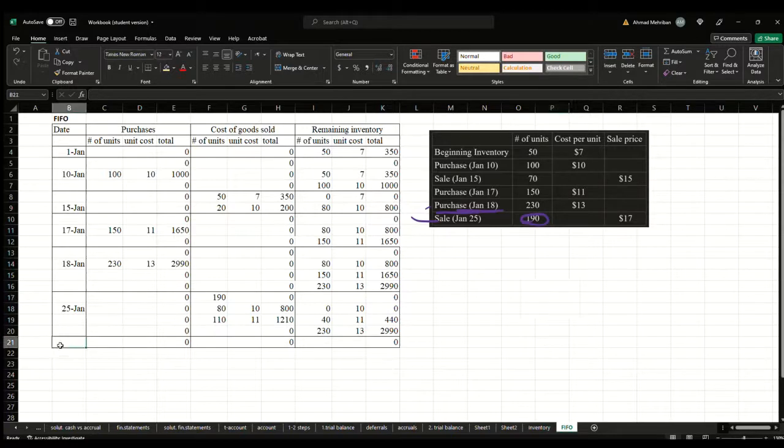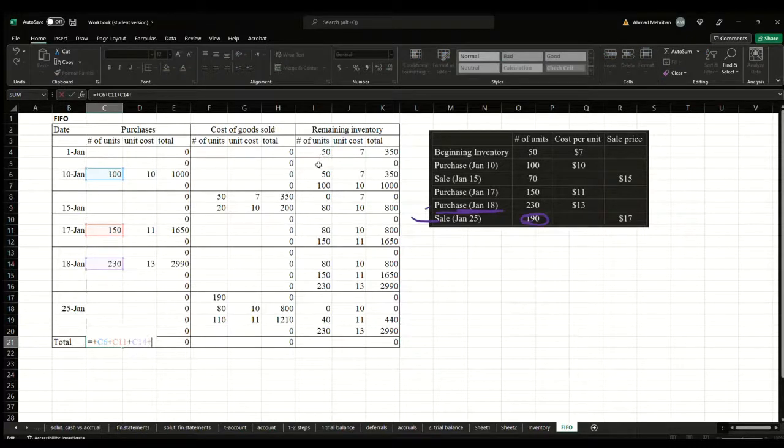I can also add here total. So here I can easily calculate using my formula or using the longhand. So this is gonna give me the total goods available for sale. Actually, let's do it here. This is much better. So here is my total balance of what is left.